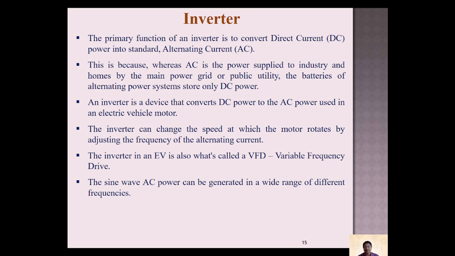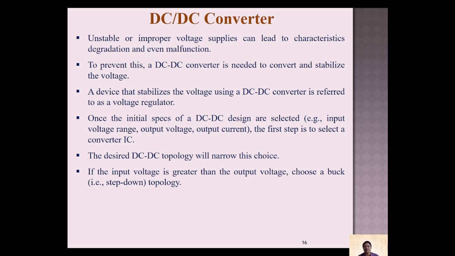Sine wave AC power can be generated in a wide range of different frequencies. Now the DC-DC converter: unstable or improper voltage supplies can lead to characteristic degradation or even malfunction. To prevent this, a DC-DC converter is needed to convert and stabilize the voltage.